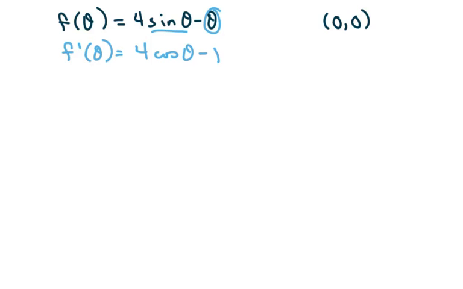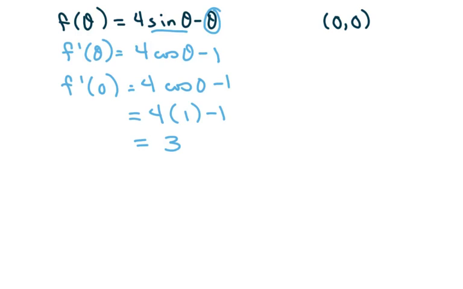Okay, and then we're going to just plug in 0. So that's 4 times cosine of 0 minus 1. And the cosine of 0 is 1. So our slope equals 3.